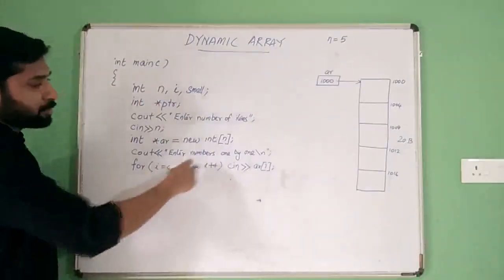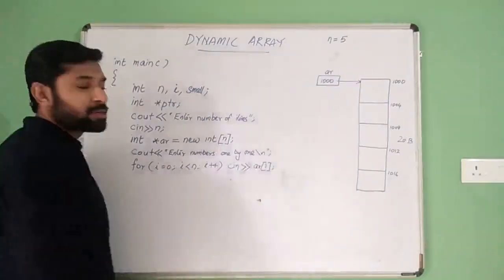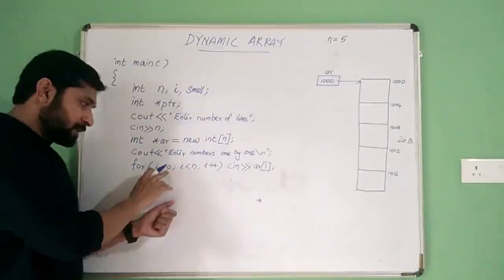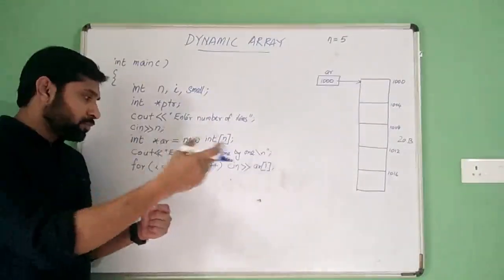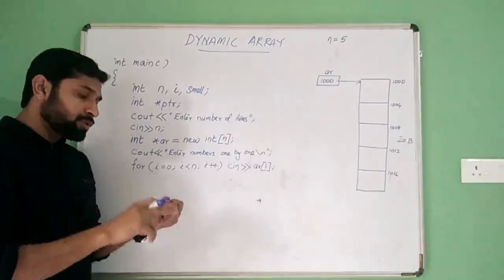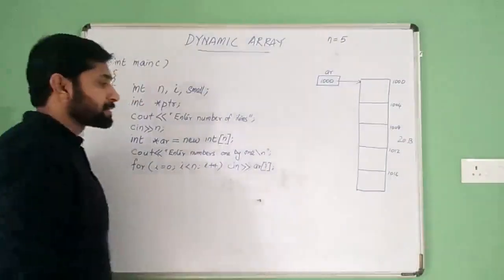So this loop will execute. Only one statement in this loop, so there are no braces. This loop will execute 5 times, i starting from 0 to 4, that is n minus 1. For the time being n is 5. So i is equal to 0, 1, 2, 3 and 4. So all the elements will be accepted.